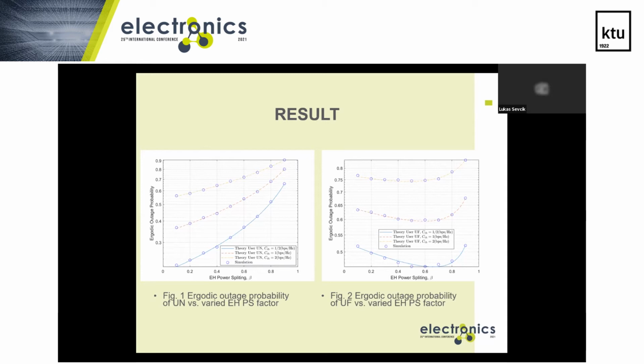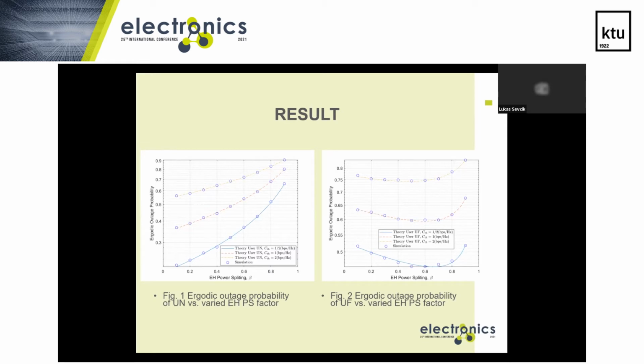Specifically in figure 1, the 3 curves gradually rise in association with the increase of the energy harvesting power splitting factor until they reach their maximum values. In figure 2, the 3 curves are slightly convex.